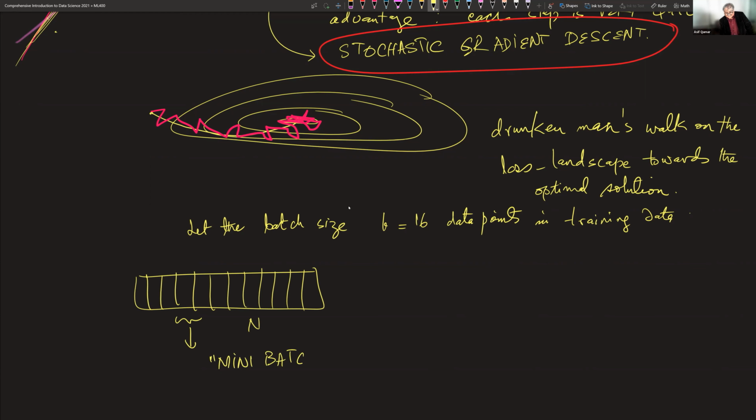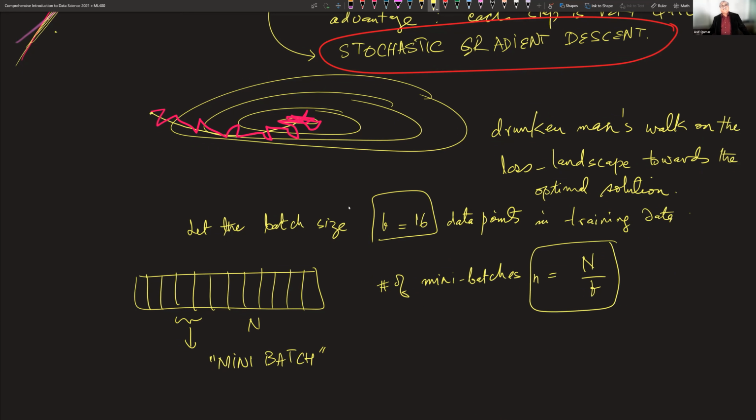That is the more correct term, mini batch. Assuming that these are disjoint sets, how many mini batches would you have? You would have n divided by b, if b is your batch size. So if it is 16 and you have 160 data points, how many mini batches will you have? 10, isn't it? 160 divided by 16 is 10.